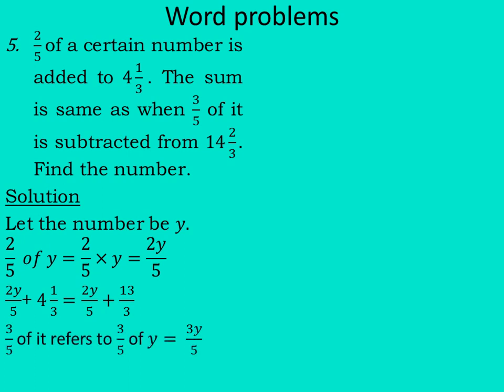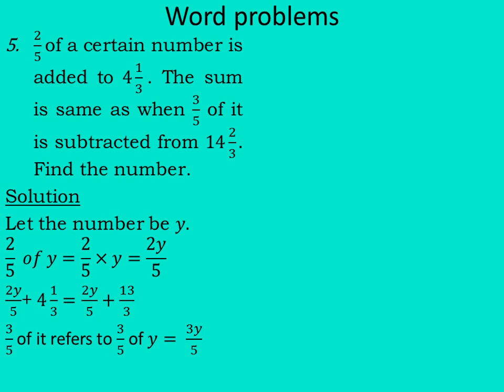So 3 over 5 of it, the it here refers to y, that certain number. The certain number is being represented by it. So that's why they say 3/5 of it. The it refers to the certain number.